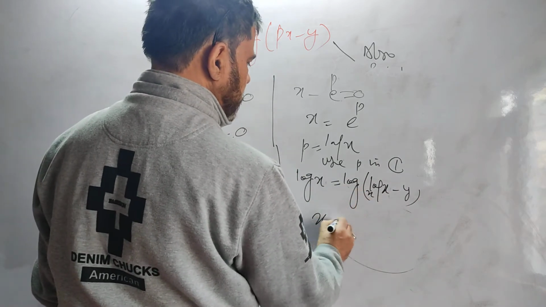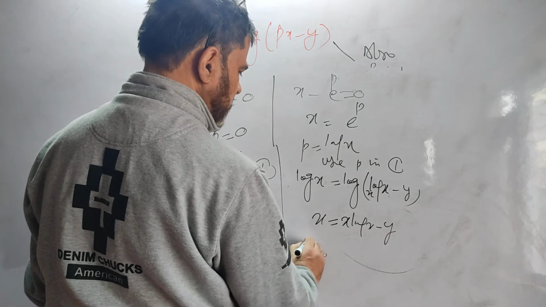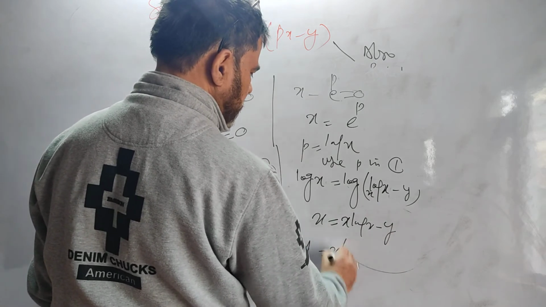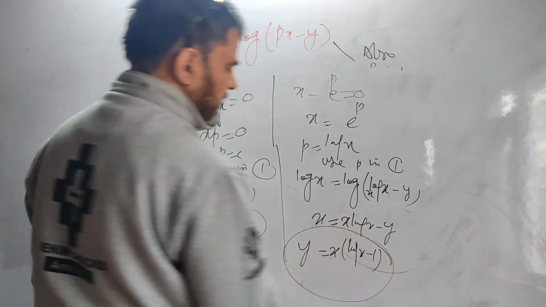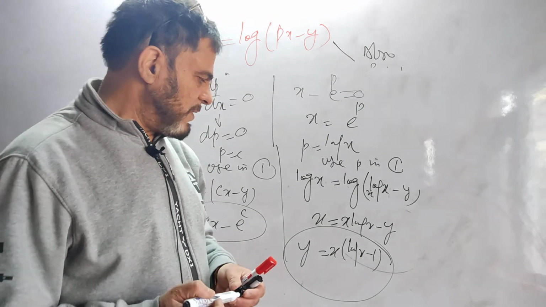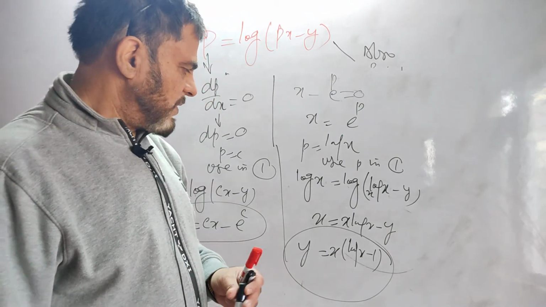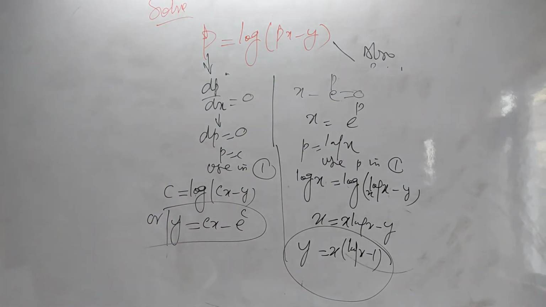This gives x is equal to x log x minus y. This gives y is equal to x times log x minus 1. This will be the singular solution. If you eliminate p from the other factor, this will give you the singular solution. This is how we solve such problems, finding the singular solution.